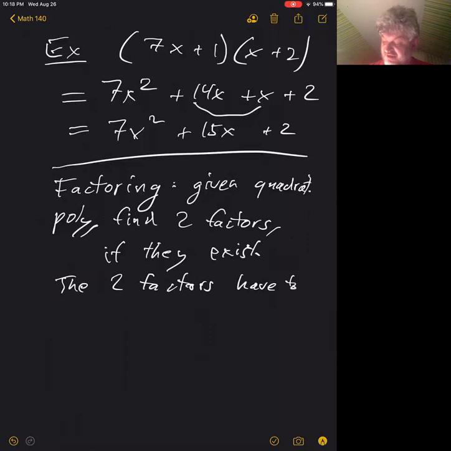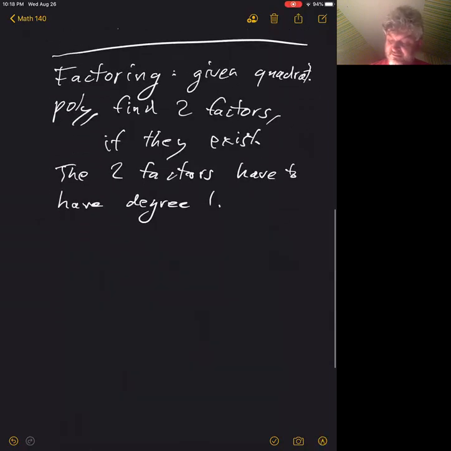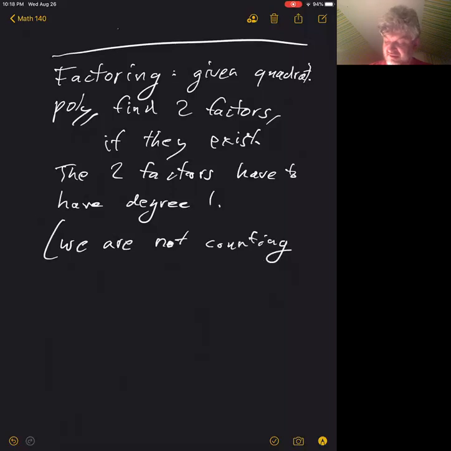So the two factors have to have degree 1. I should mention we are not counting stuff like this. 5x squared minus 20 is equal to 5 times x squared minus 4.